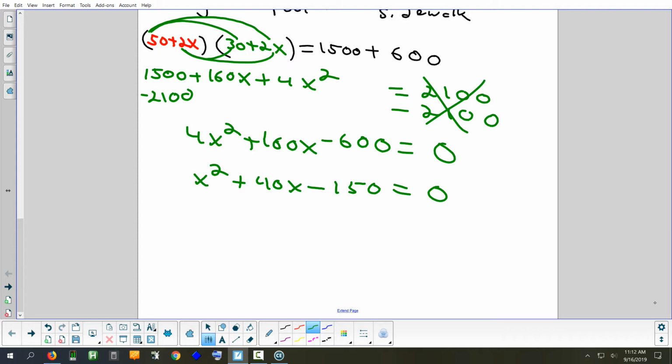But what else could we do here? What kind of equation is that again? Quadratic. So there's something else that exists to solve quadratic equations. Yep. The quadratic formula.